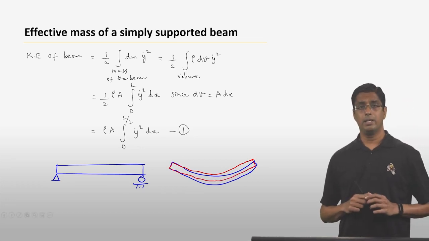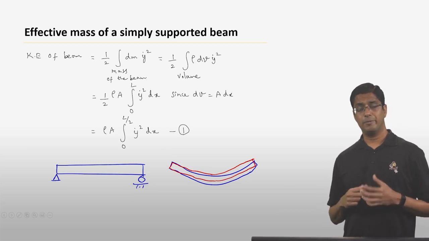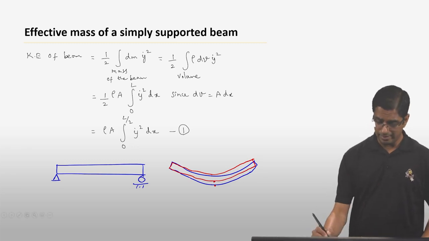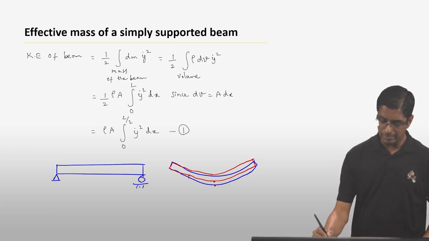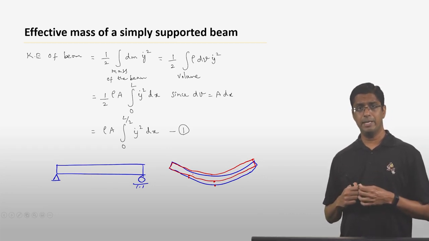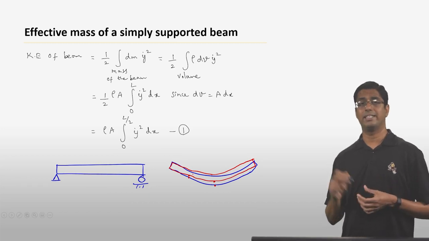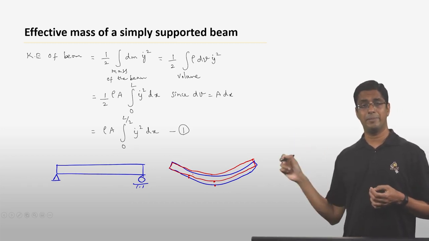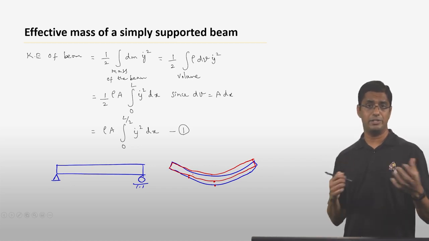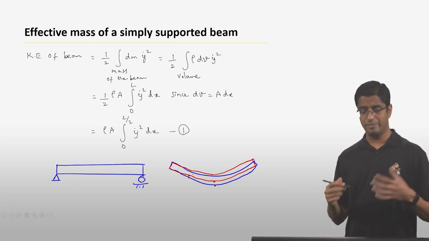Now, what you're going to see is that this point here has moved a lot, whereas a point somewhere here has moved less. So each of these points in the beam is going to have a different velocity. So you can't just say that it's a mass times some velocity squared divided by 2 is the kinetic energy, because each point mass or each infinitesimal mass in the beam has a different velocity.